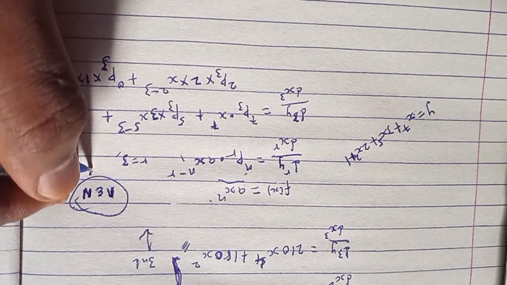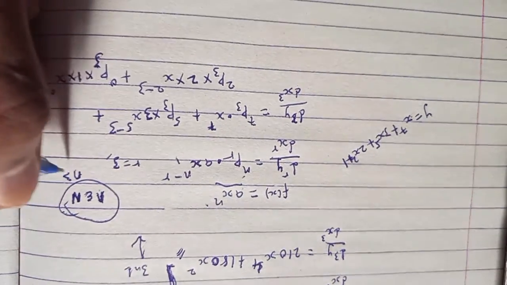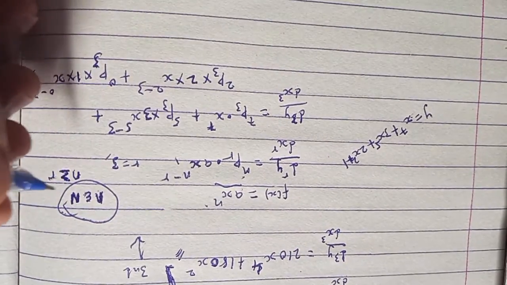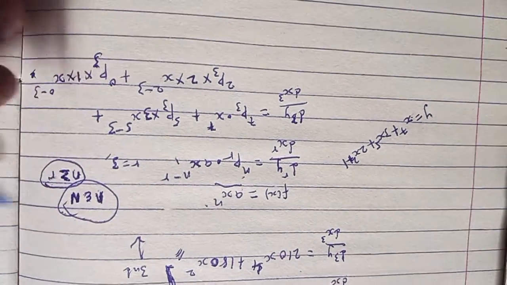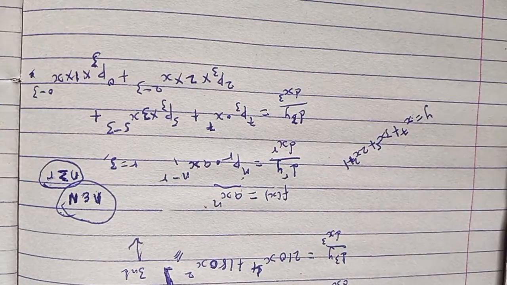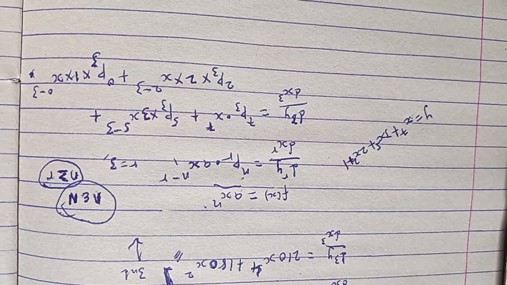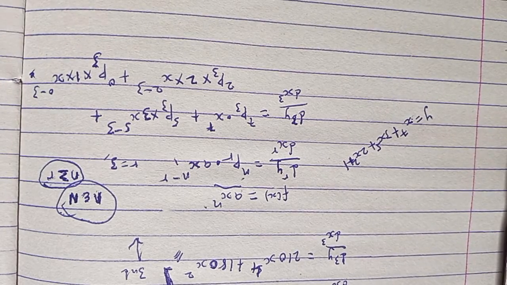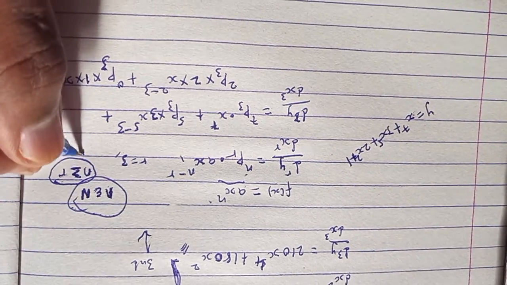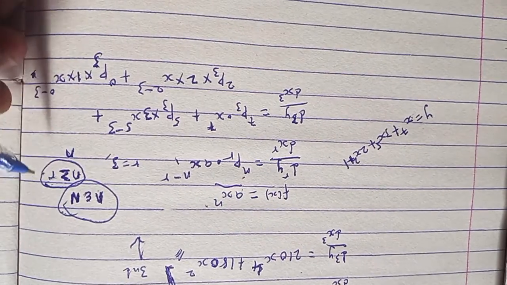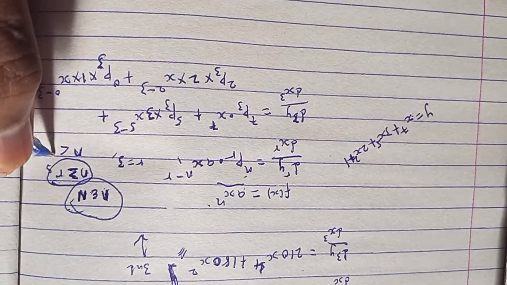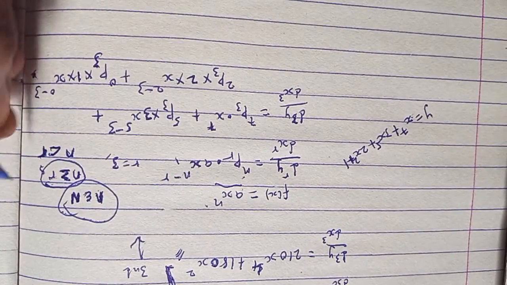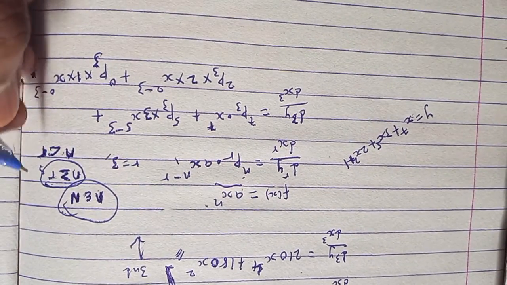Also, another condition is that n should be greater than or equal to r before the permutation can work. So these are all conditions. Another one is that when n is less than r, that means that when you press it into your calculator, you will get an error.